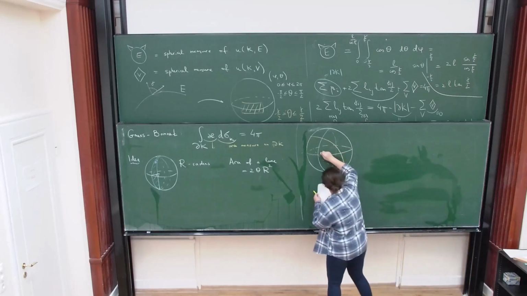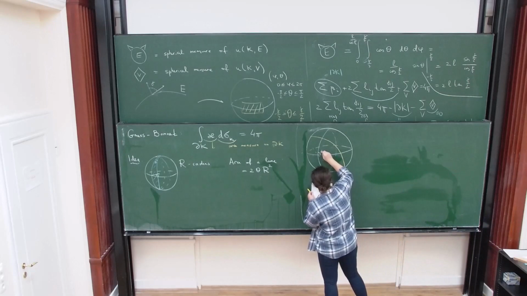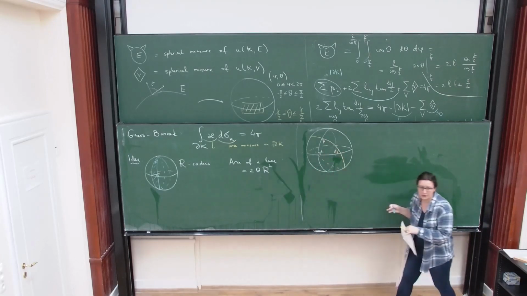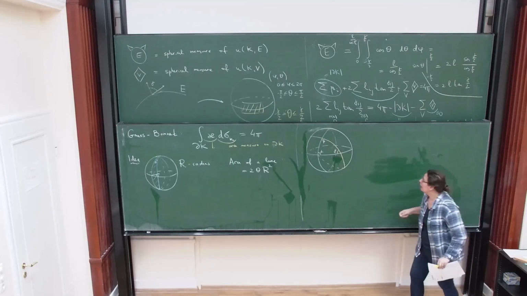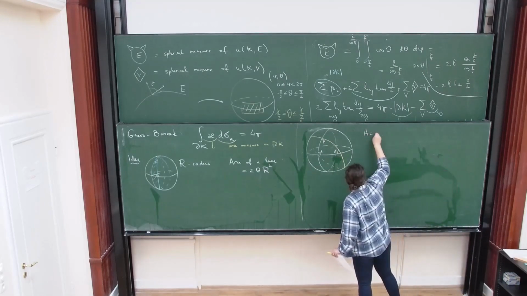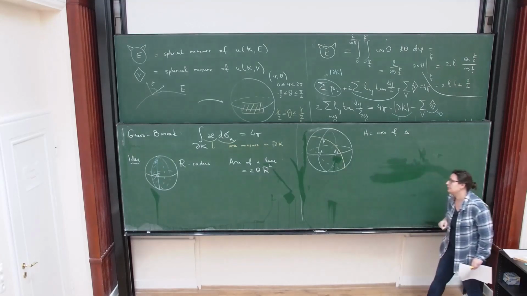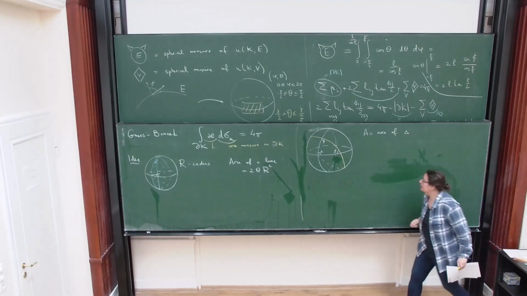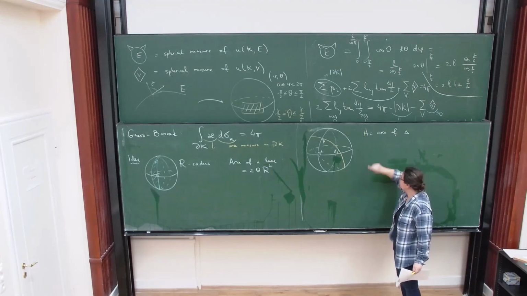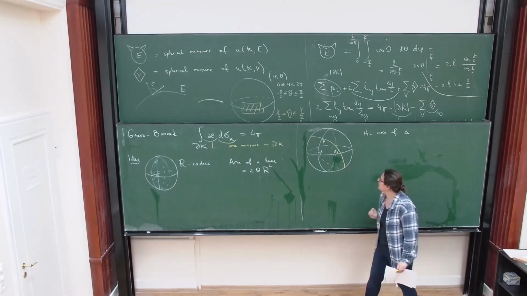So in this triangle, this is alpha, this is beta, and this is gamma. Each two circles meet at a certain angle. And let's say that A corresponds to the area of this triangle. Now I want to write a relation for this area of the triangle.